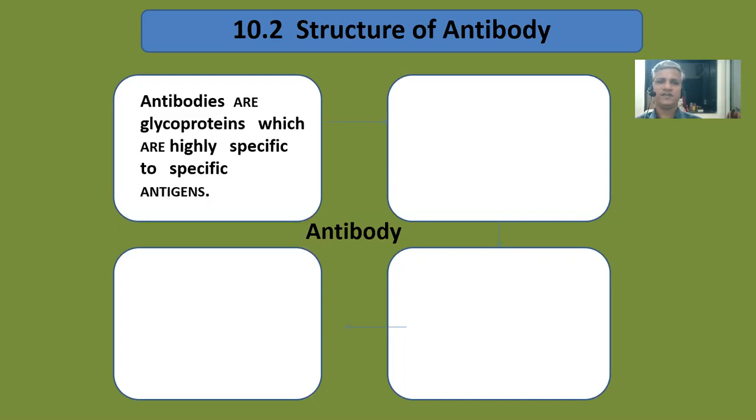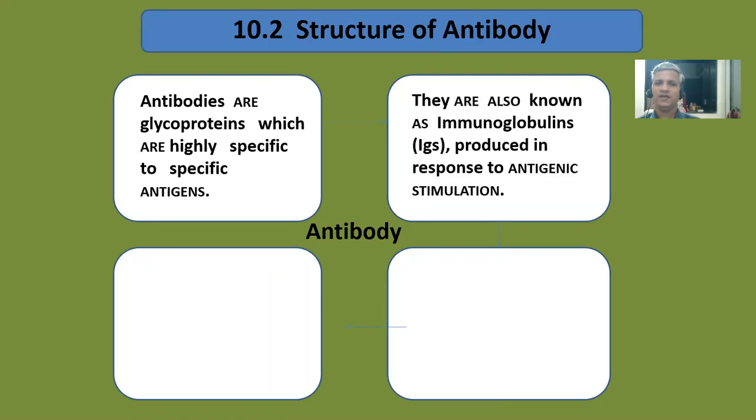These antibodies are basically proteins, especially glycoproteins, which are highly specific to specific antigens. Antibodies are also known as immunoglobulins, and they are produced in response to antigenic stimulation.